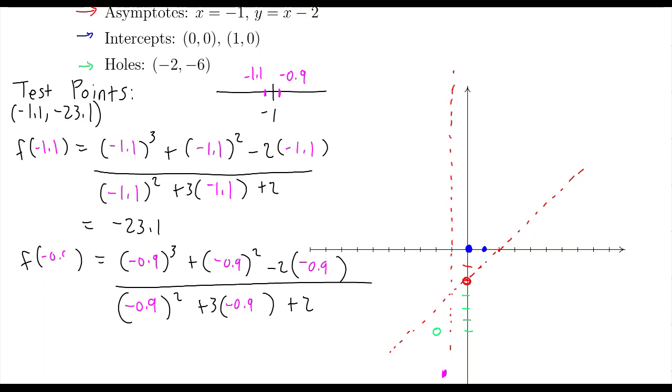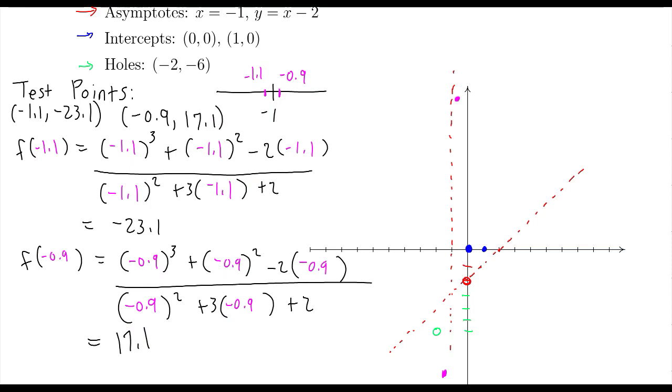Okay, and we'll type that in the calculator. And I end up with positive 17.1. So my next test point is -0.9 comma 17.1. That's going to be way up here somewhere.